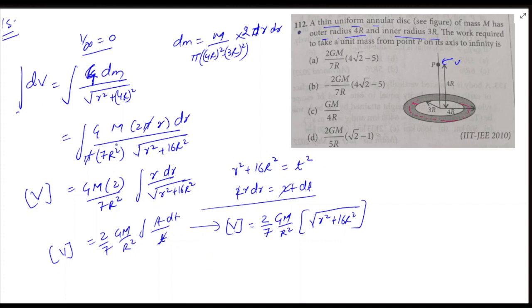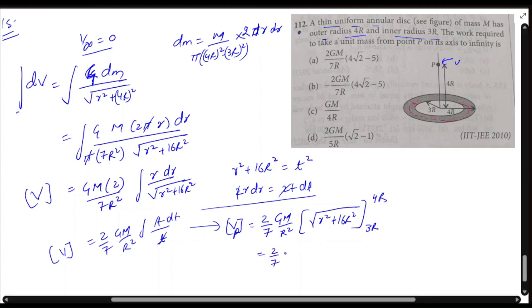Now the limits we will put here. The radius goes from 3R to 4R, and this gives the potential at point P, Vp. So we will have 2 upon 7 GM by R square.